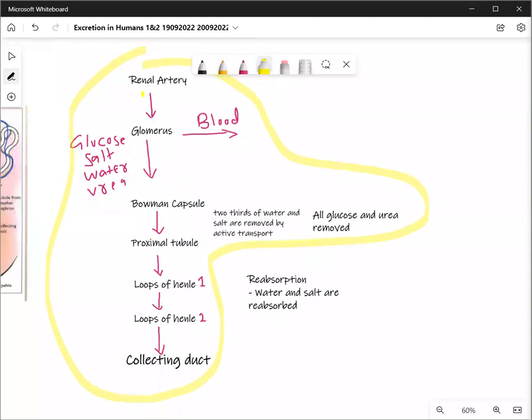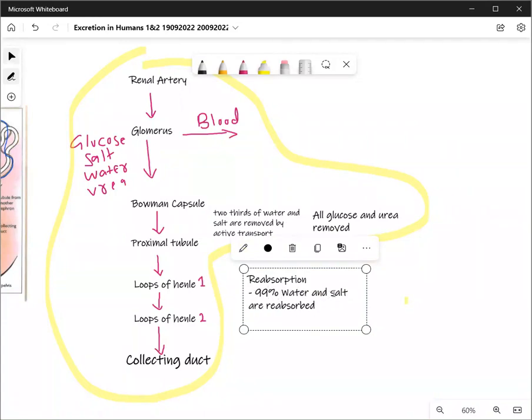Write everything which is inside the highlighted part. Done, sir.